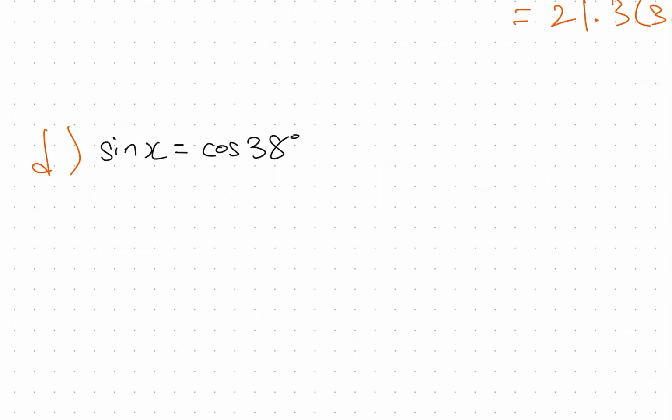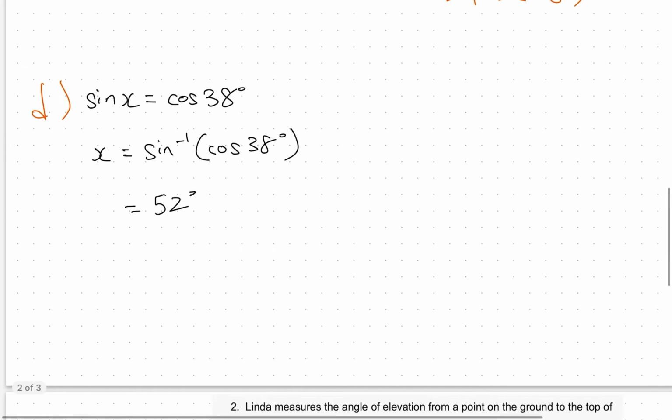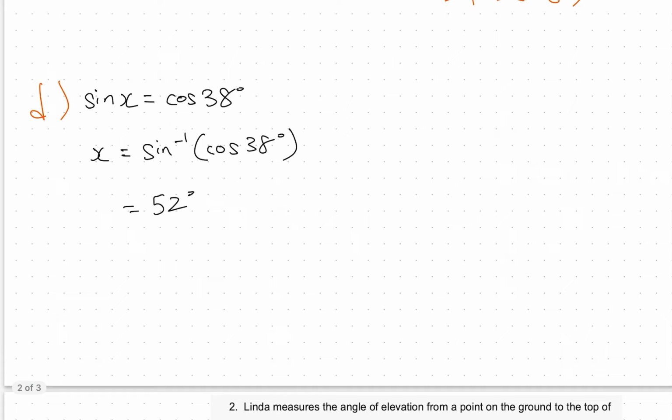If you work this out, x will just be the inverse sine of cosine 38 degrees, which gives us 52 degrees. But this is only one answer of what x can be. From our prior knowledge, we know that sine x can also equal sine of 180 minus x.